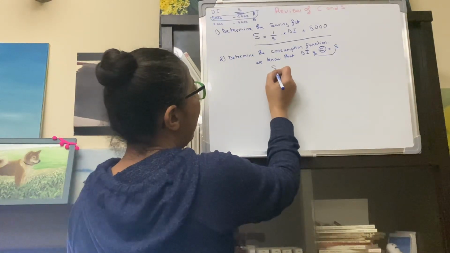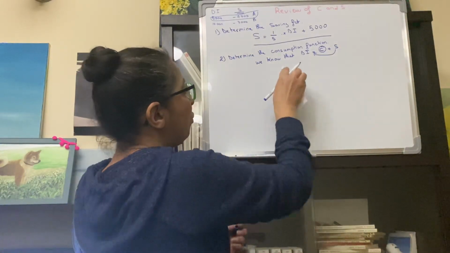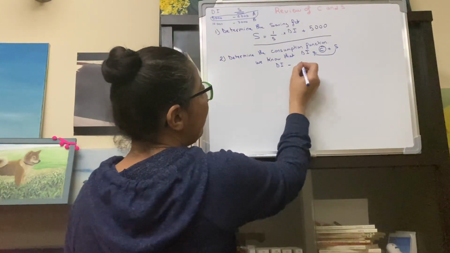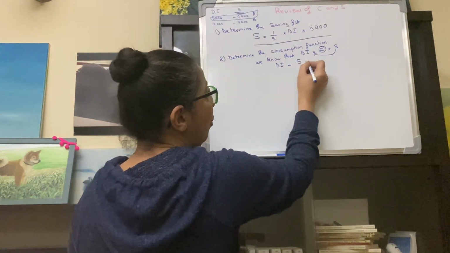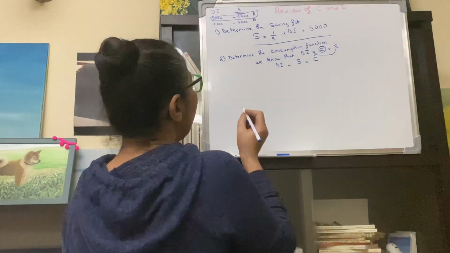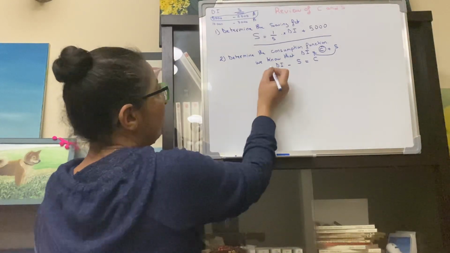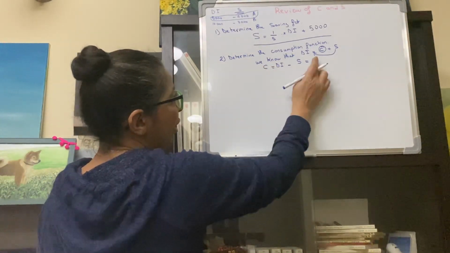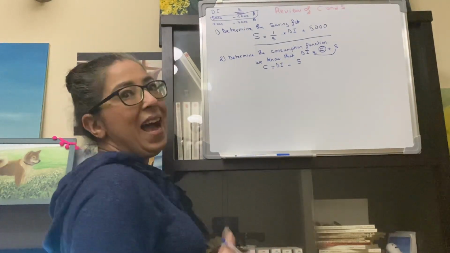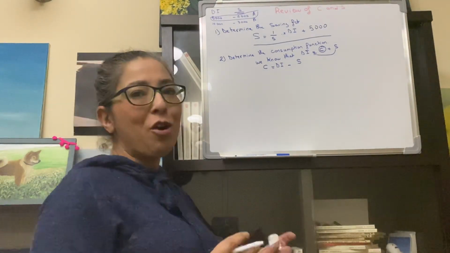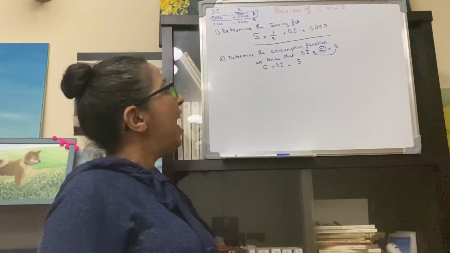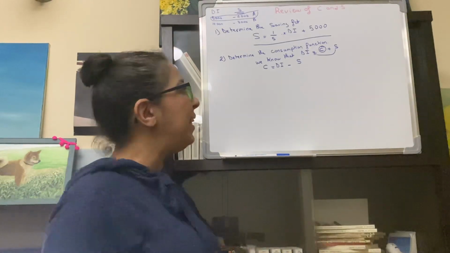Okay, so I'm going to keep the same order so that you follow. So DI minus S will give me C. Clear? So let's put it. I'm going to put my C over here. It's exactly the same thing. I'm taking so many precautions because it's a little bit harder not to have you here to tell me you didn't get this.